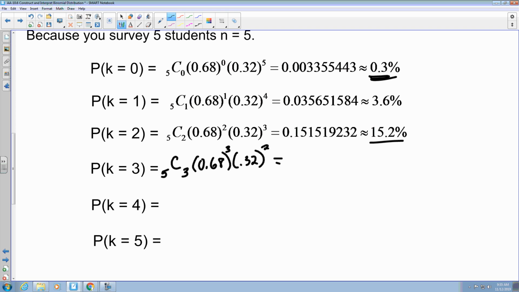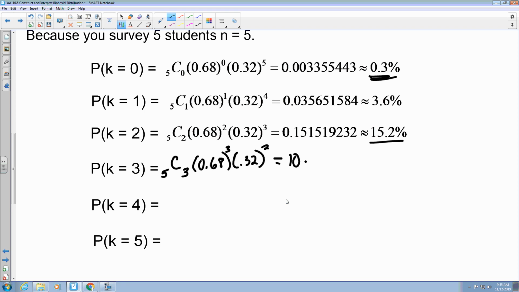So looking here, 5C3 is 10, so I get 10 times 0.68 raised to the third power, which is 0.314432. That gets multiplied by 0.32 squared, and I multiply it by 10.